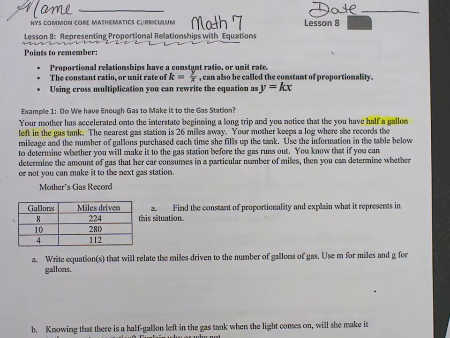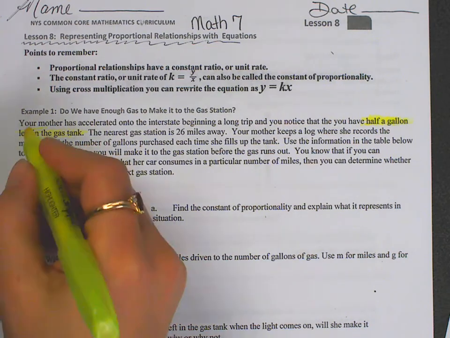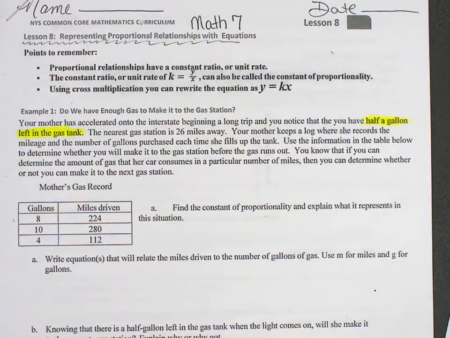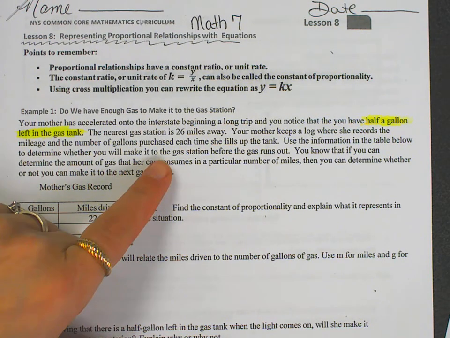Your mother keeps a log where she records the mileage and the number of gallons purchased each time she fills up the tank. Use the information in the table below to determine whether you will make it to the gas station before the gas runs out.